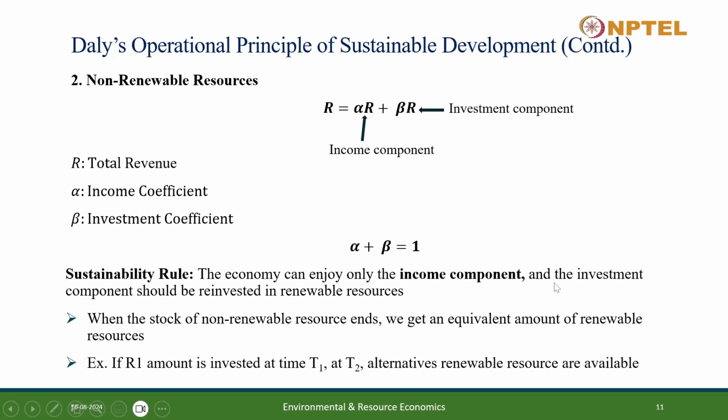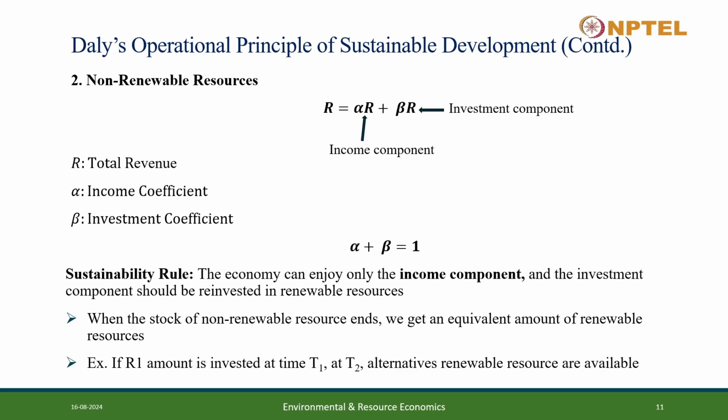Here alpha is a coefficient and R is total revenue. So some percent of total revenue we can enjoy. However, the other percent of revenue we have to invest in renewable resources, so that, let's say from T1 you are utilizing R1 amount, and you are investing R1 amount into a certain alternative renewable resource.